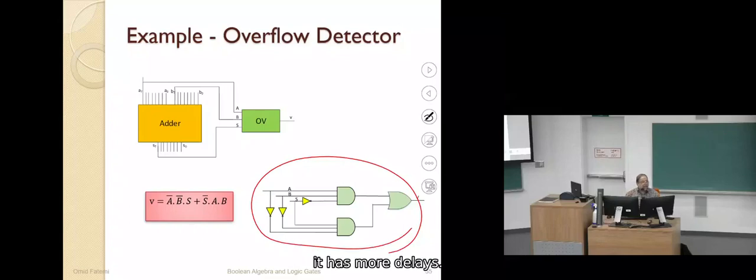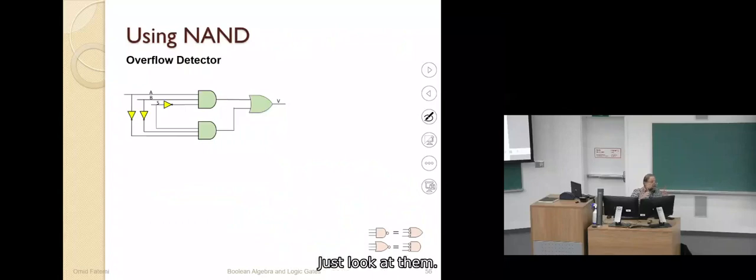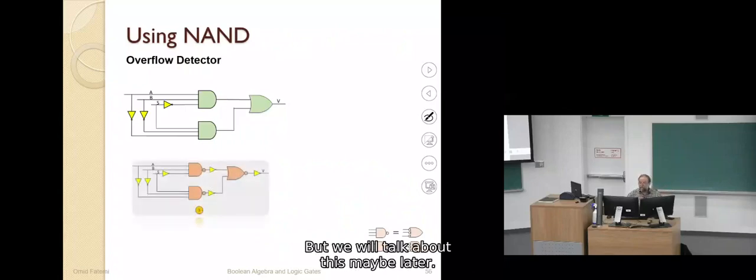So it is a good idea if we could convert our circuit to something using only NAND. Here, as an example, I show you something which is just by intuition, just ad hoc, just look at them, but we will talk about this maybe later.